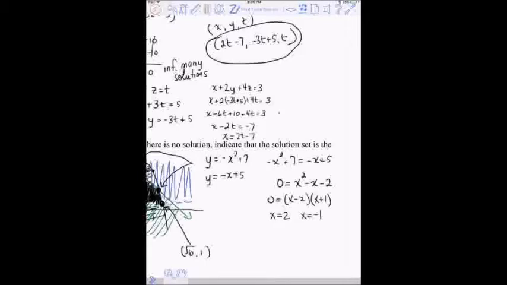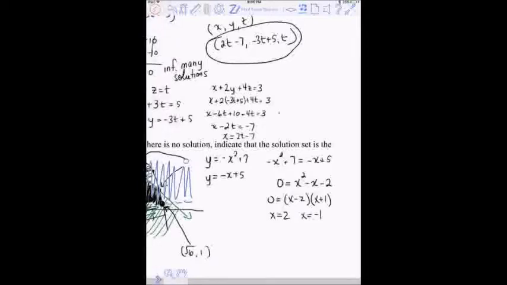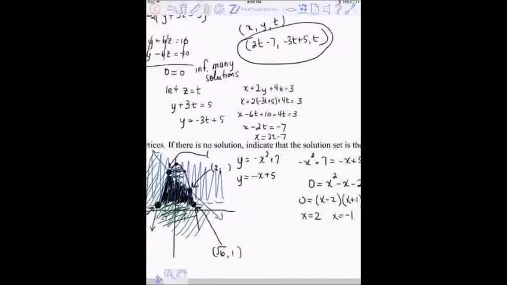So I know that this one, let me change that here. This one has the x value of positive 2 because it's on the right side of the y-axis, and this one here on the other side has to have the x value of negative 1 because it's on the left side of the y-axis.